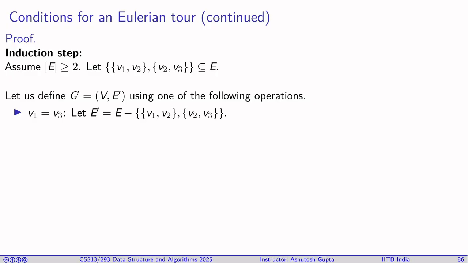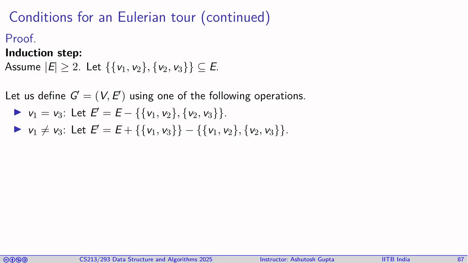Now we define G prime, a graph, as follows. If V1 equals V3, then we remove these 2 edges. So if we are going from V1 to V2 and coming back to V1 again, then we remove these 2 edges and you obtain E prime. If they are different, we remove the 2 edges and bring in the edge (V1, V3).